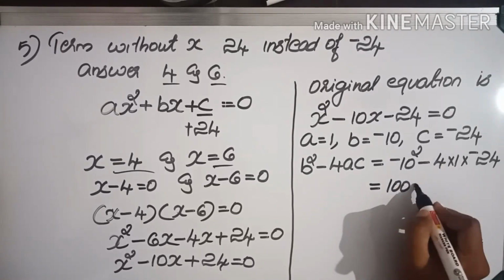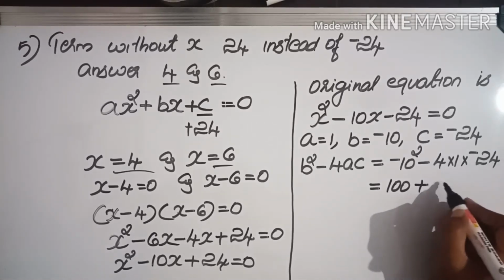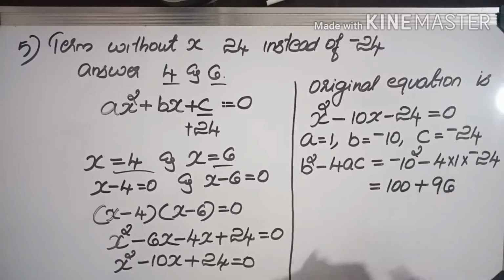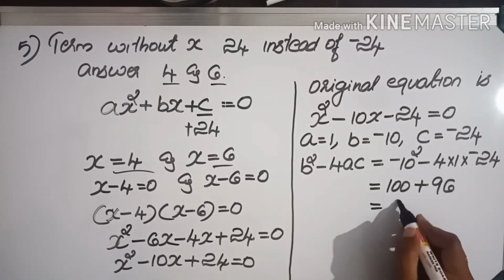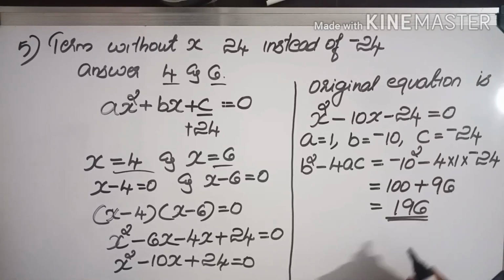Negative into negative is positive. 4 into 24, 80, then 96. So the answer is what? 196. We got the discriminant as 196.